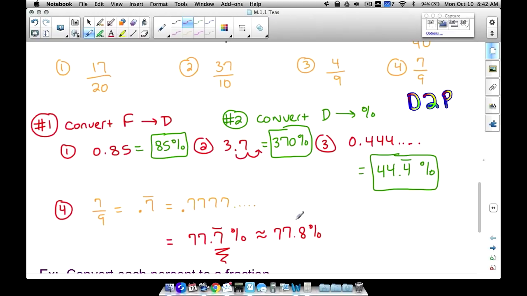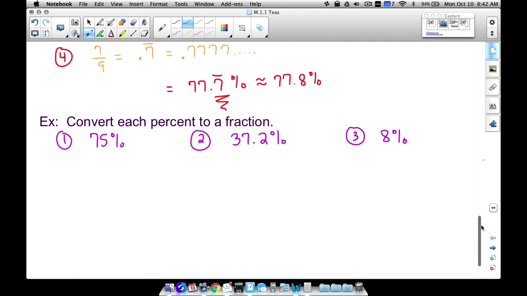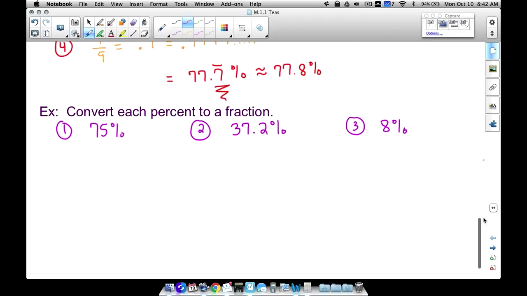I hope that makes sense. Again, rounding is coming up more later. I highly doubt they're going to fool you and try to put both of these as 2 separate answer choices unless they start talking about rounding to a specific spot. And rounding is going to be one of our goals that we focus on later. And now finally, the last 3 examples: convert each percent to a fraction.